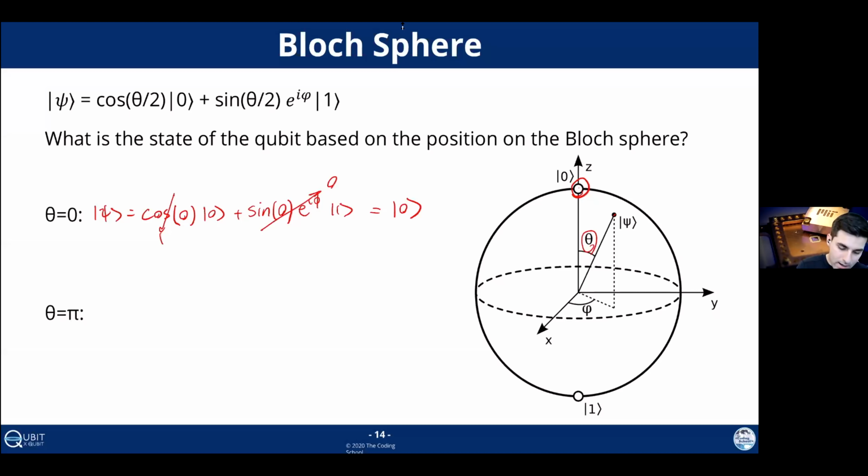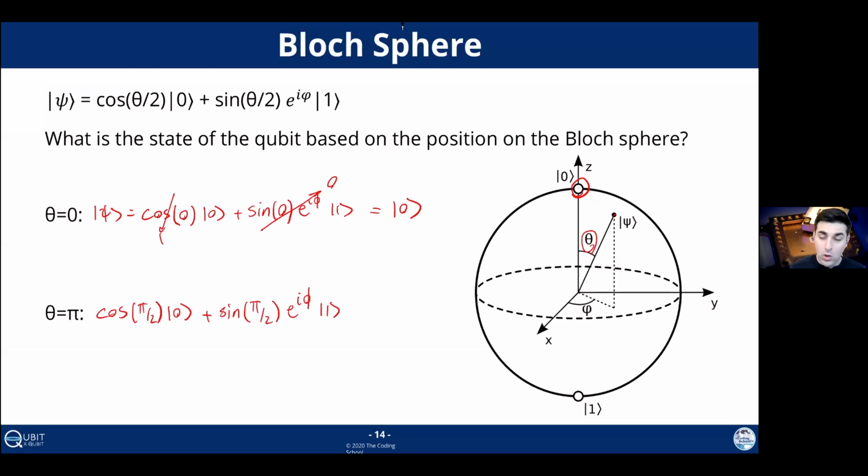So here I have cosine of, so theta is pi, so pi over 2, which again is 90 degrees, times the 0 state, plus sine of pi over 2, e to the i phi, and I didn't define a phi, times the 1 state.